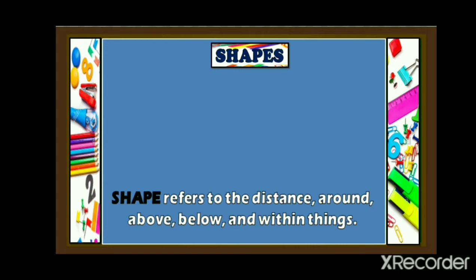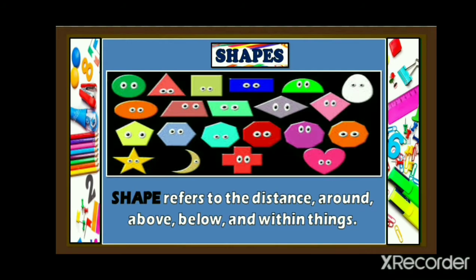It is limited to two dimensions, length and width. The two classes of shapes are geometric and organic. The square, circle, and triangle are examples of geometric shapes. Organic shapes are free-form, not regular, for example clouds and rocks.